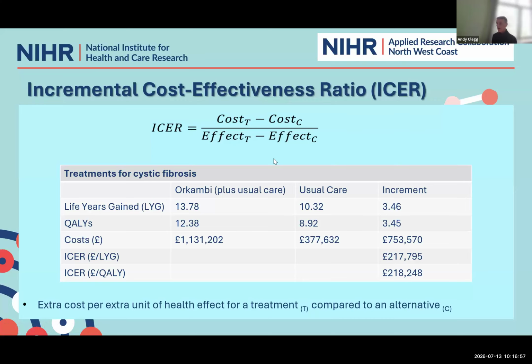So, as Valerio says, as we've been going through the different sessions, we've been building up to the fact that we're looking at the difference between different interventions in terms of their costs and their benefits, their effects. And we're trying to do this from the point of view of people who are making decisions, whether that be a wider level of organisation nationally, clinicians, or individual people who want to know which is the best option to take.